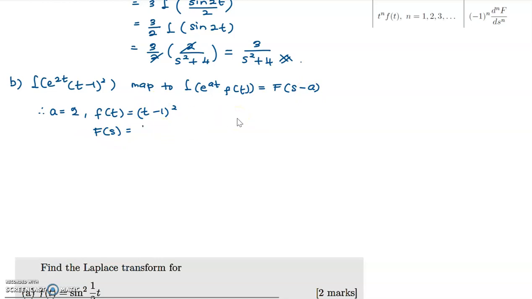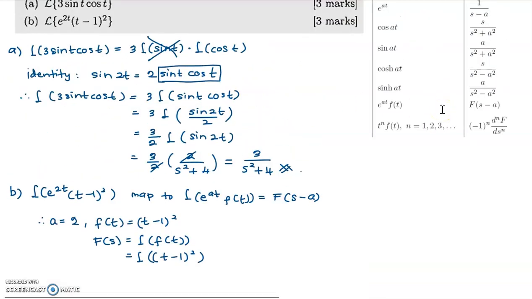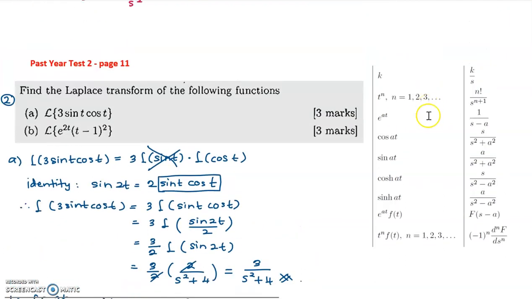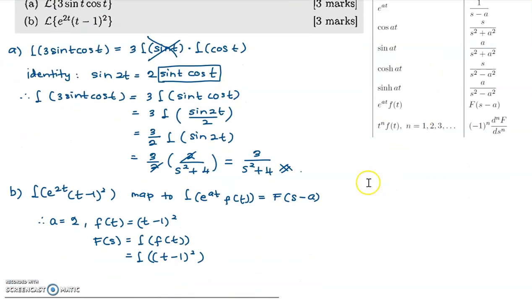So F(s) is the Laplace transform of f(t), which is the Laplace of (t minus 1) squared. Now we want to find the solution based on our table. If we refer to the table, we don't have (t minus 1) squared.